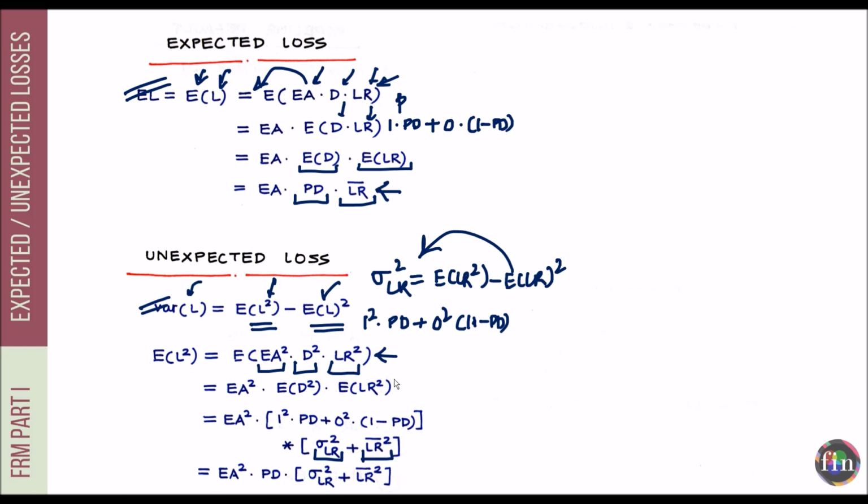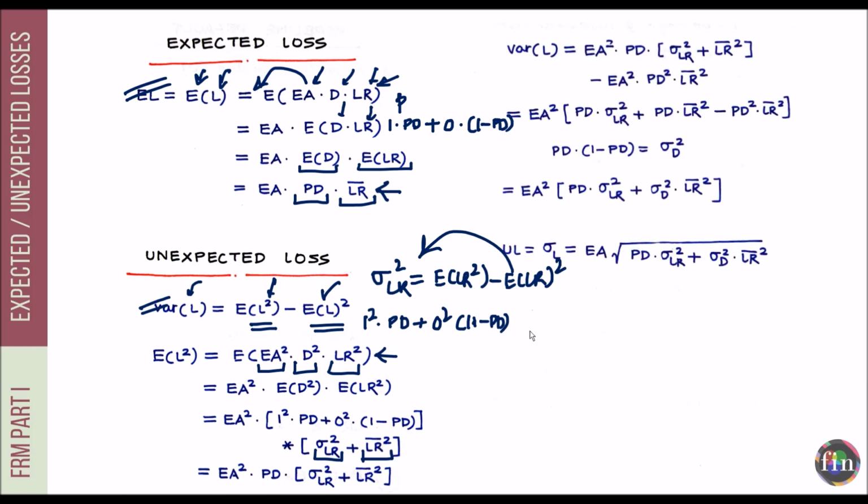Now, if you were to simplify things a bit by substituting the expected value of LR squared into this formula, you will end up with this expression. Take a look at the last two terms. If I take the mean of LR squared common, I get PD minus PD squared, which is basically PD times 1 minus PD. And recall that this is the variance of a Bernoulli random variable D. Remember the variance?